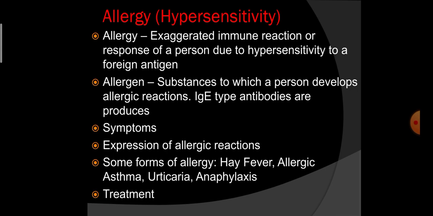Now, how are allergic reactions expressed? How does it occur? On first exposure, the allergic reaction is not caused. In that first exposure, the immune system produces antibodies and memory cells, and it is harmless during the first reaction.